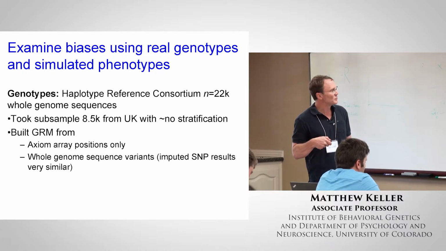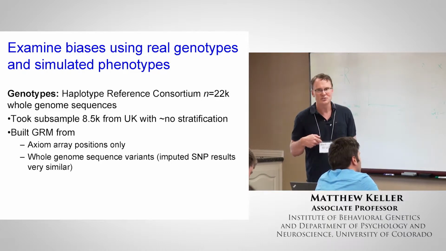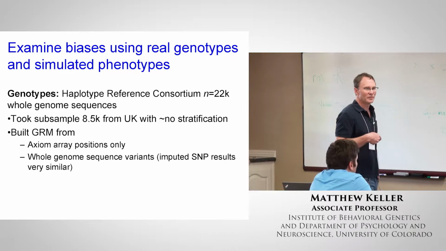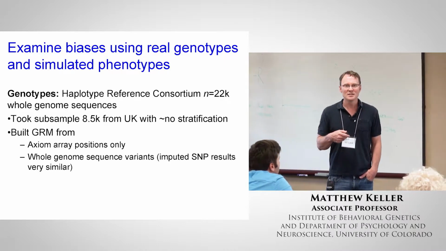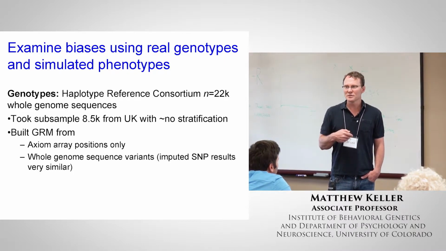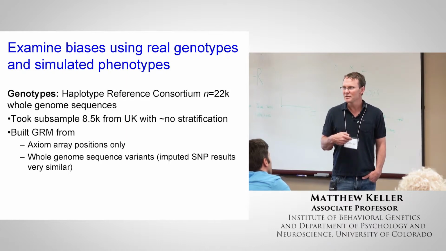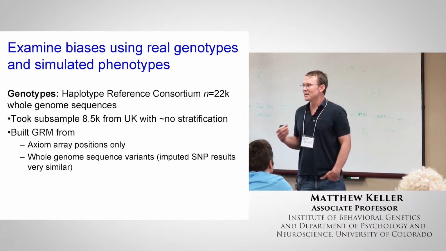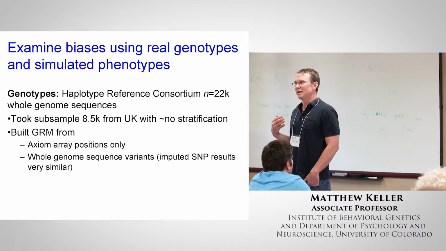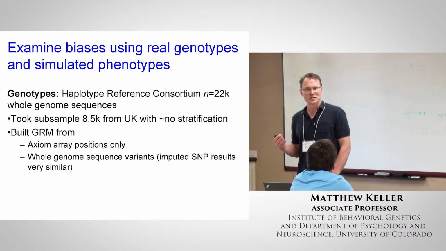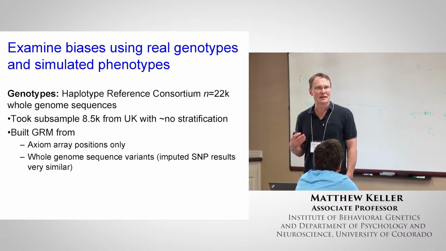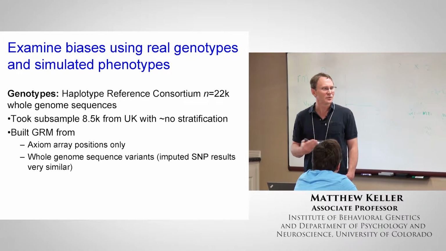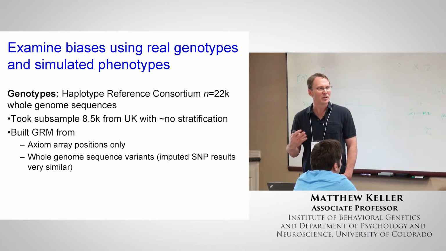So what we've done is we took the Haplotype Reference Consortium data set, which is a sample of 36,000 whole genome sequences. We had access to a subset of 22,000 of those. What's important about that is that, unlike data where you simulate the genotypes from first principles using something like M prime, we actually have real sequence data with all the interesting and complex genetic things that happen in real data.